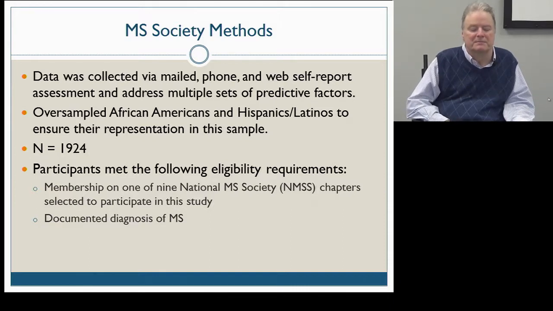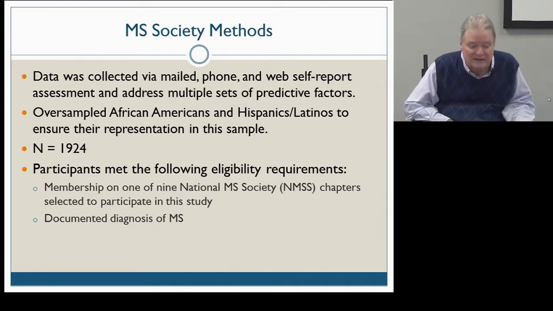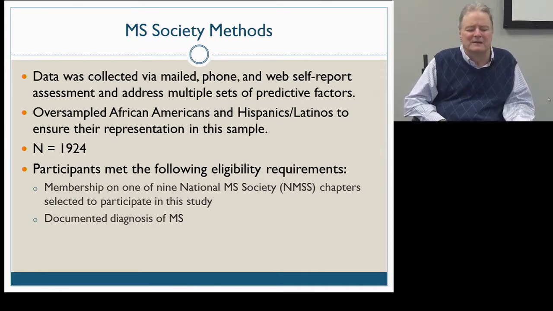There was an oversampling of African American and Hispanic Latinos, and the sample was just under 2,000. All the individuals were members of at least one of the chapters, and they had a documented diagnosis of MS. So the documented diagnosis is similar between the studies. Next.